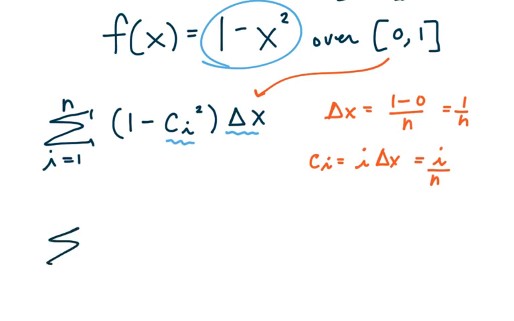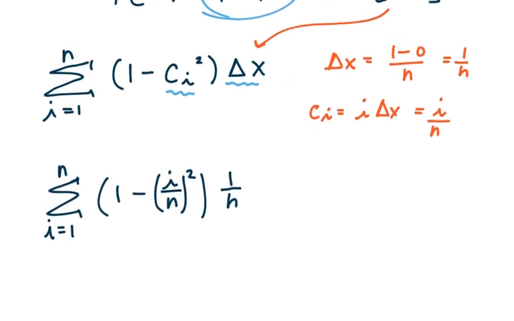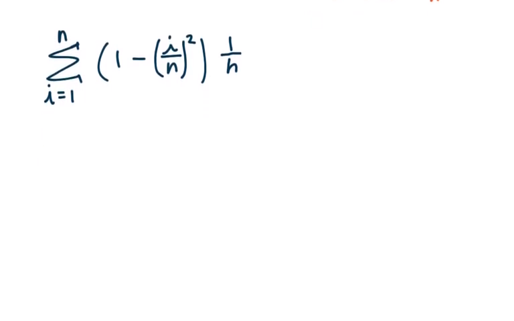So now my sum, i equals 1 to n, I've got 1 minus, we said c sub i is i over n, squared. And my delta x is 1 over n. Now, n is a finite value here. n isn't going to be changing. i is what is changing. So 1 over n would remain constant.